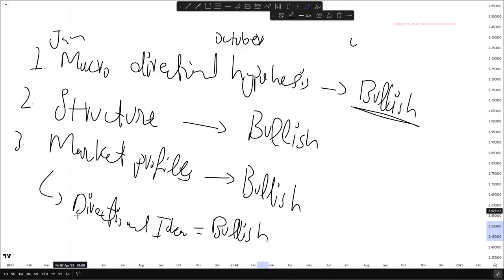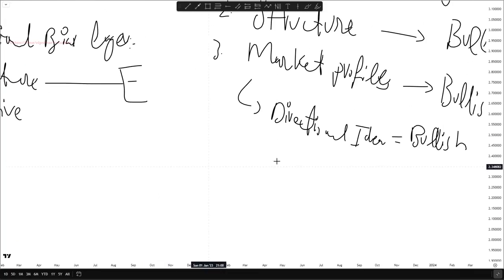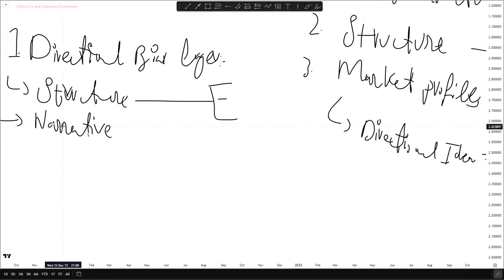And you establish this directional idea by using these three steps. Okay, but obviously, as you know, this directional idea alone isn't enough. Now we have to refine this directional idea and transform it into our directional bias.